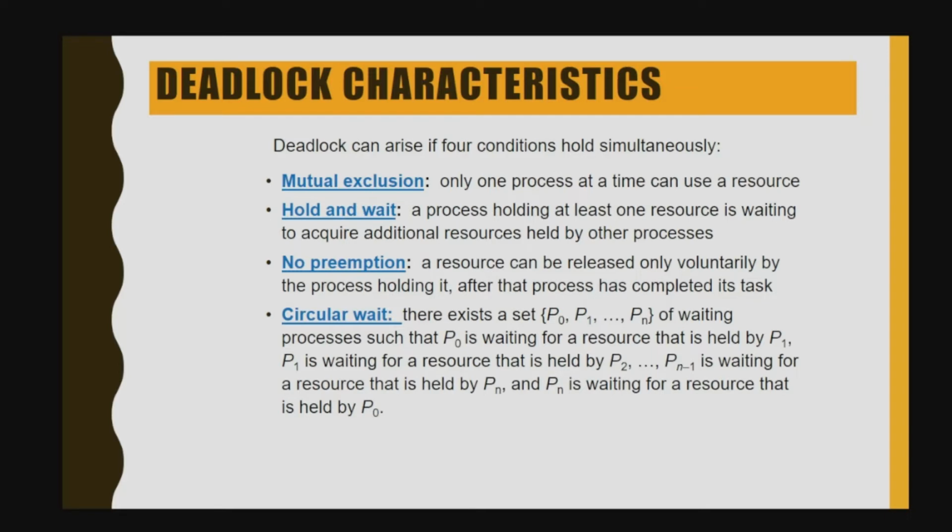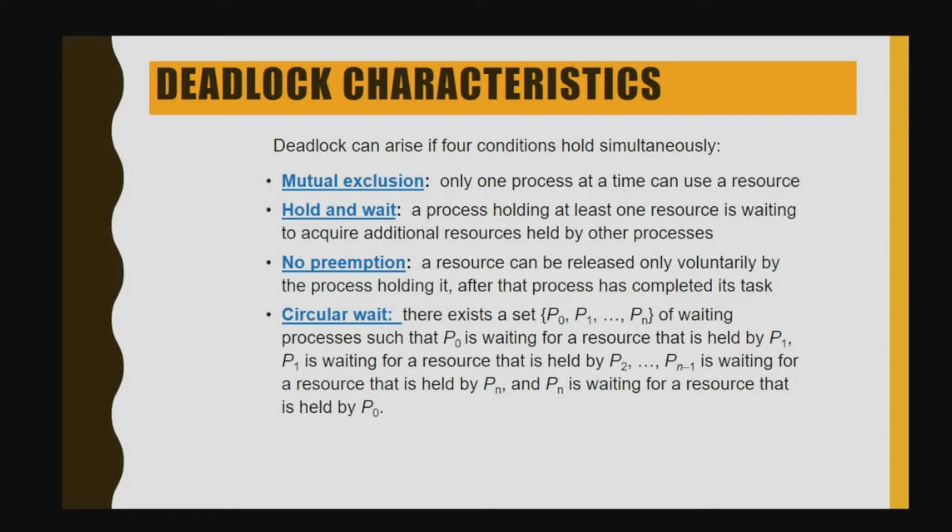The first is mutual exclusion: only one process at a time can use the resource. It means the resource is only allocated to one process at each time. The second scenario is hold and wait: a process holding at least one resource is waiting to acquire additional resources held by other processes.